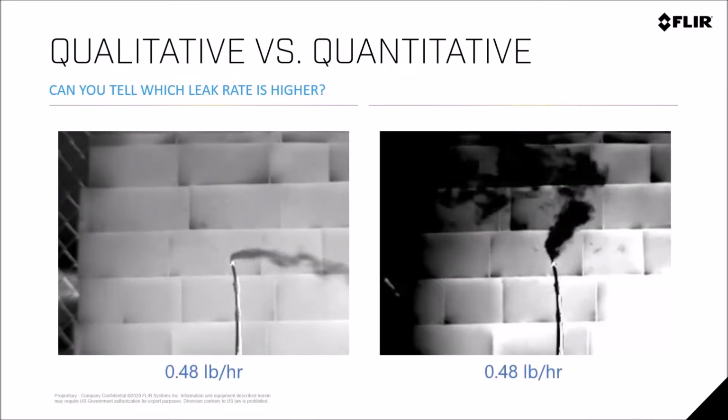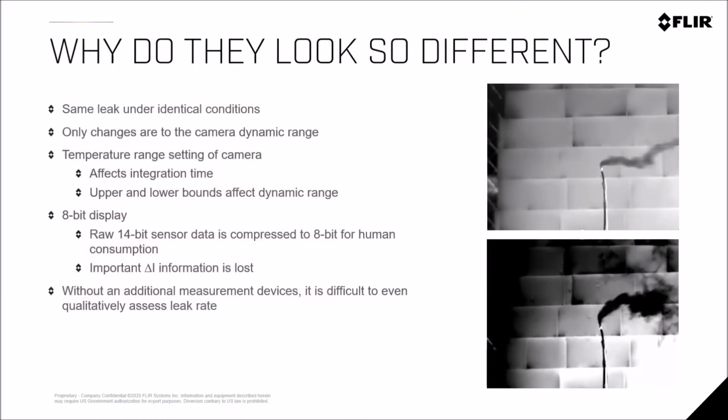But if we look at the actual numbers of what these leaks are, both of these leaks are the exact same. They're both about a half a pound an hour in a leak. So why would they look so different? For those of you that have been around OGI or even infrared for a while, they're actually changing the dynamic range.